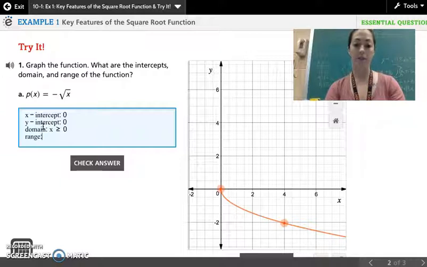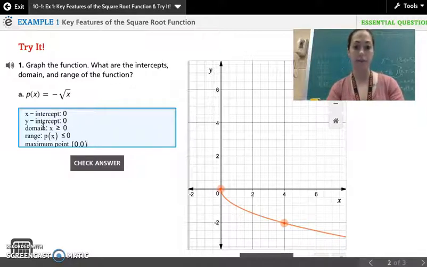My range, my y values are below. So my f of x or y, this is p of x, has to be less than or equal to 0. That's where that starting point is, right? That maximum point. I'm going to write it. Maximum point, 0, 0.